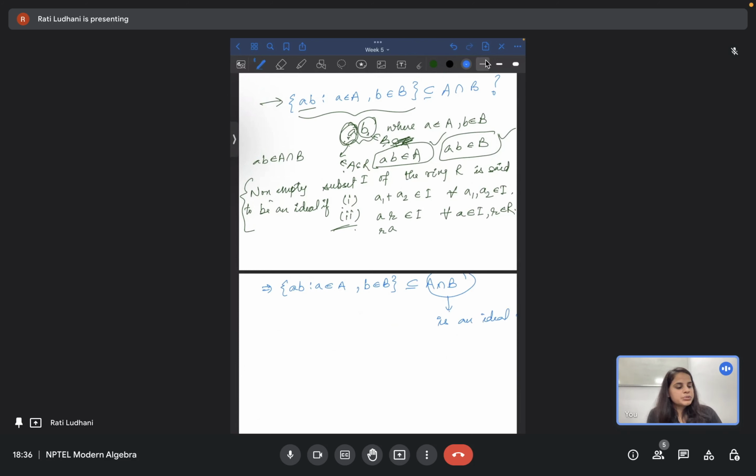So what you need to satisfy, let's check quickly. A intersection B is non-empty because 0 is there in both of these ideals, because an ideal should be non-empty, right? Non-empty means there exists some element here, and just take R to be 0, then 0 into that element, which is 0, should be in I. So 0 is always there.